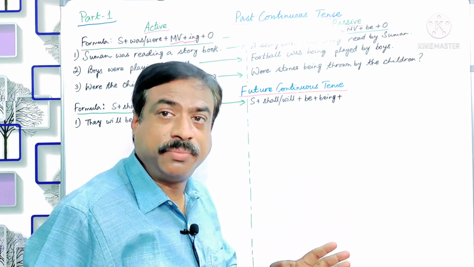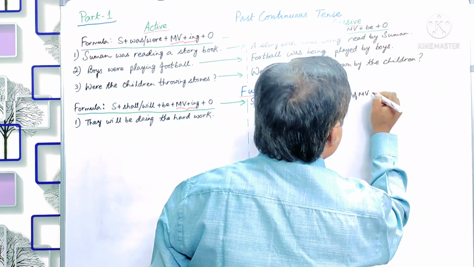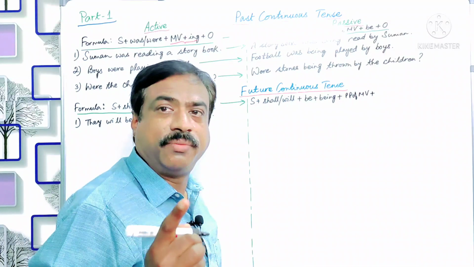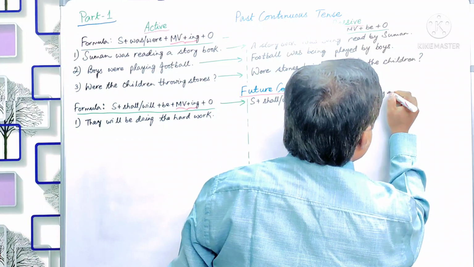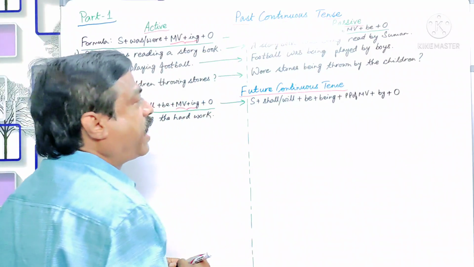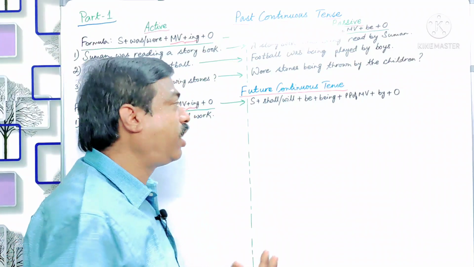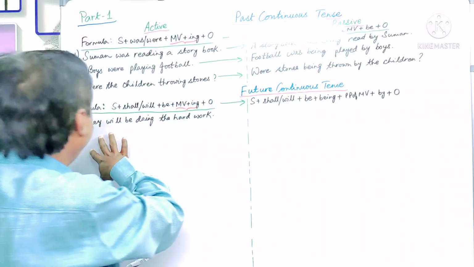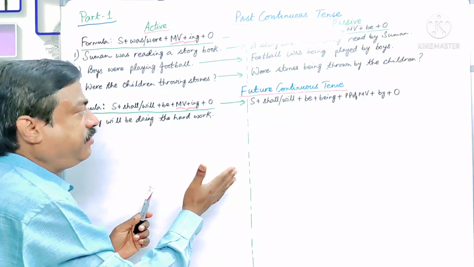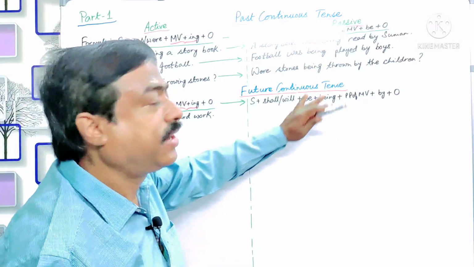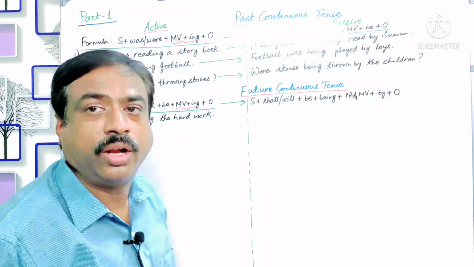Be plus being, then again past participle form of main verb plus by plus object. So this is the structural pattern in the future continuous tense, but it is a complicated one, and after the necessary change from active to passive, you see what comes here. The sentence here is they will be doing the hard work.